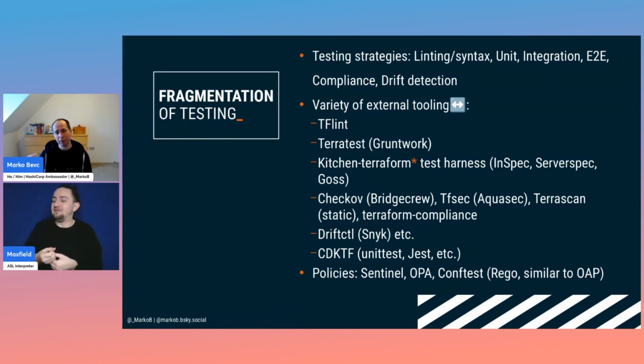You can also use Kitchen-Terraform, a test harness, to execute and test the integration testing bits and the later bits. With the 1.6 release, Kitchen-Terraform was actually deprecated in favor of features that are now part of Terraform, which we will talk about in a bit.